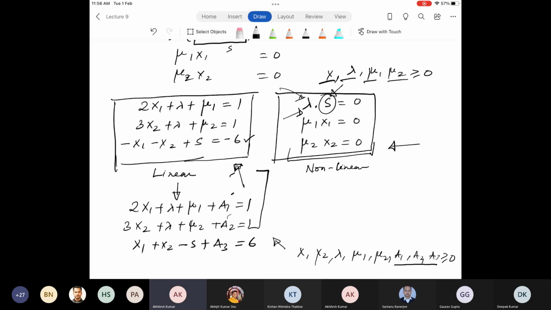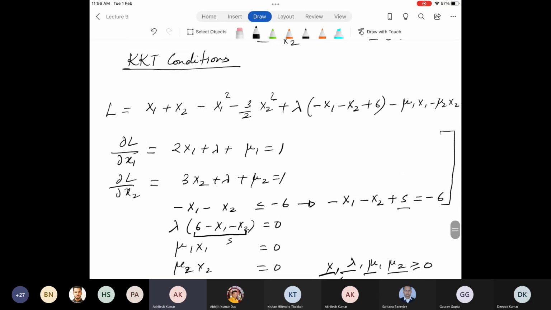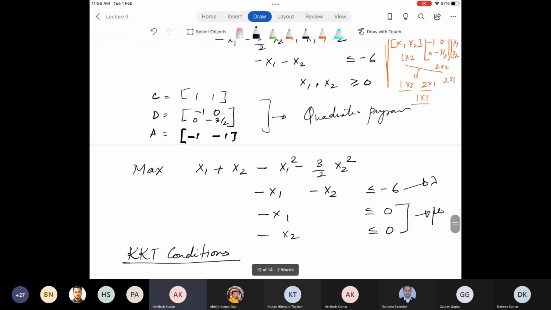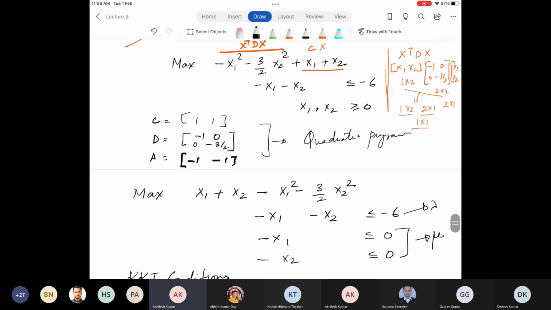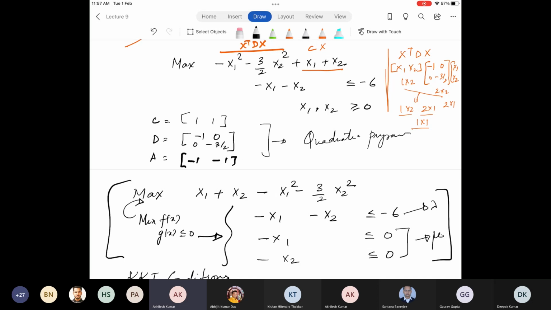Oh, I realized my mistake. For the KKT condition, this is not my standard form. My standard form is minimize f of x and then g of x should be less than or equal to 0. I made all g(x) less than or equal to 0, but I used maximize.